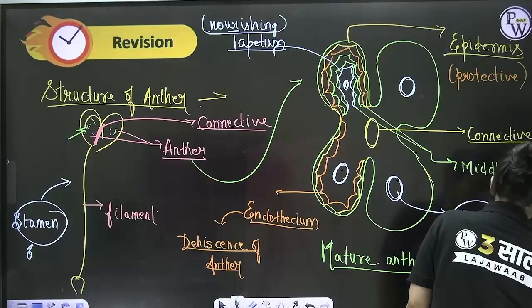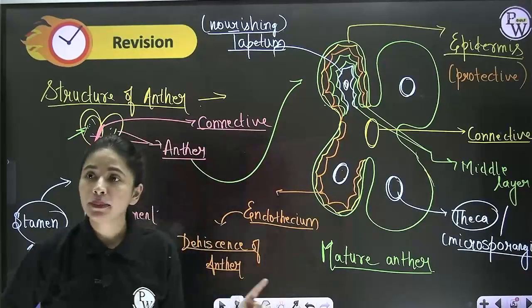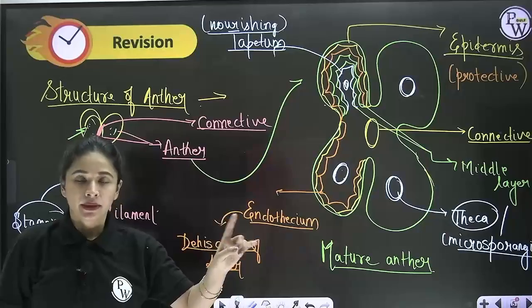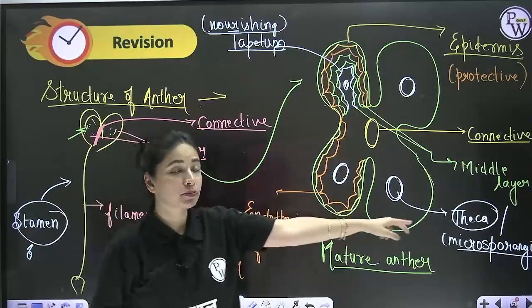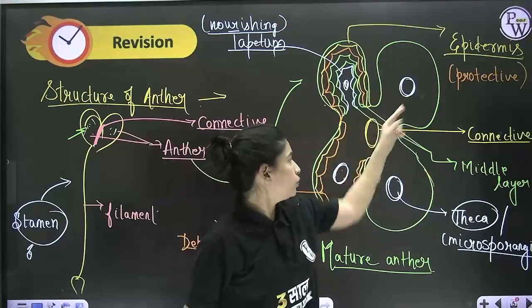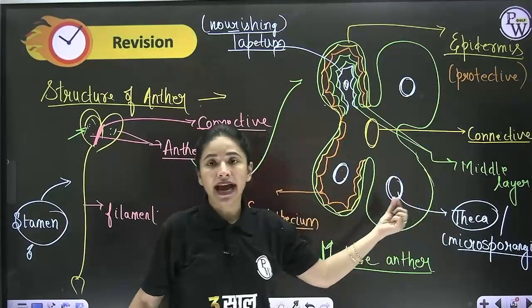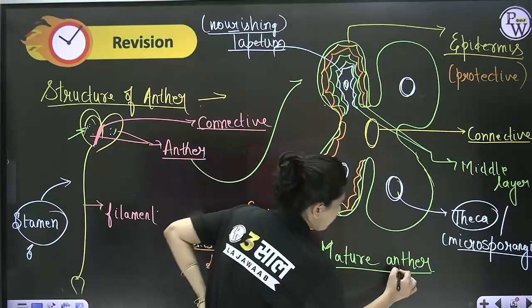So basically you see the anther is bilobed. How many lobes are there? 2. And in 2 lobes, how many chambers, how many microsporangia, how many thecae are there? 4. 1, 2, 3, 4. So your anther is bilobed and tetrathecous. Write it over here.